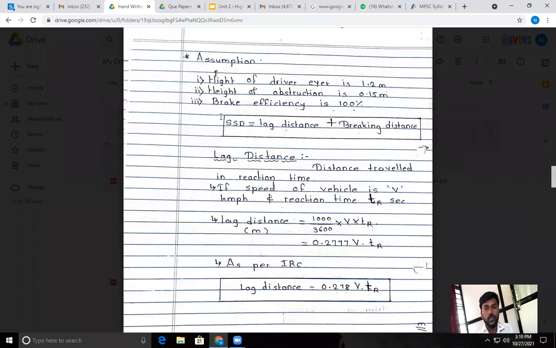After you draw the figure, then write the formula. SSD is equal to lag distance plus braking distance. In the last lecture, we have seen the formula for SSD.